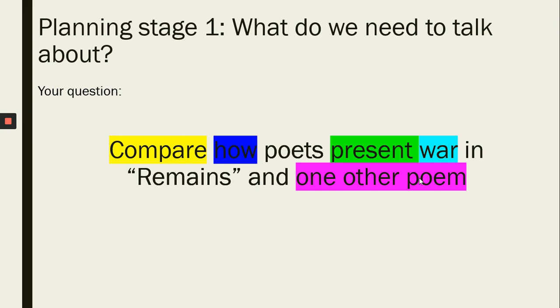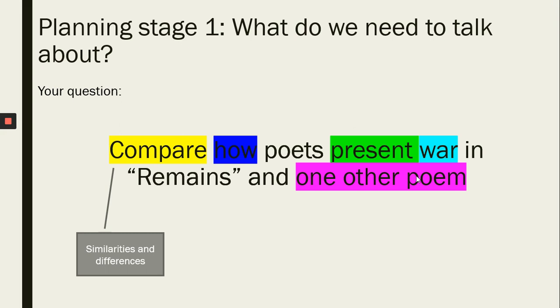So the first one, compare. This is the only segment of set texts in literature where you have to compare. And obviously we're talking about similarities and differences. What is the same? What is different? What is somewhat similar? What is completely different? All of those things. The second key word is always going to be how.